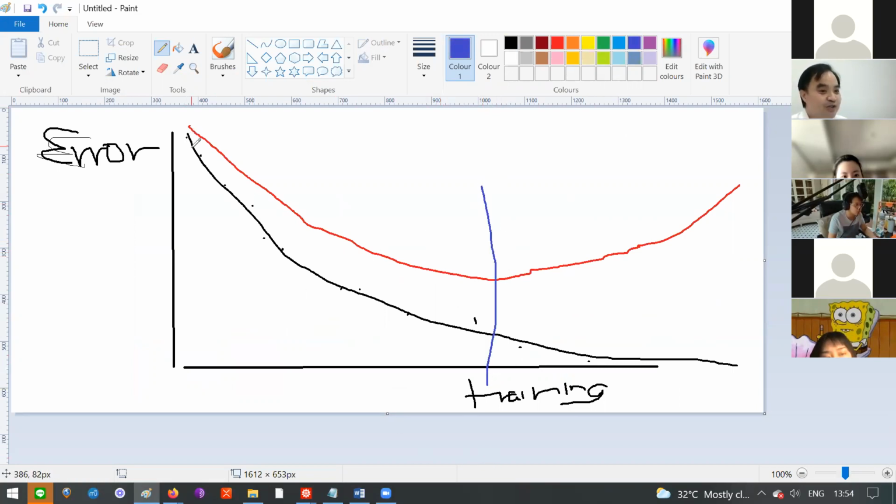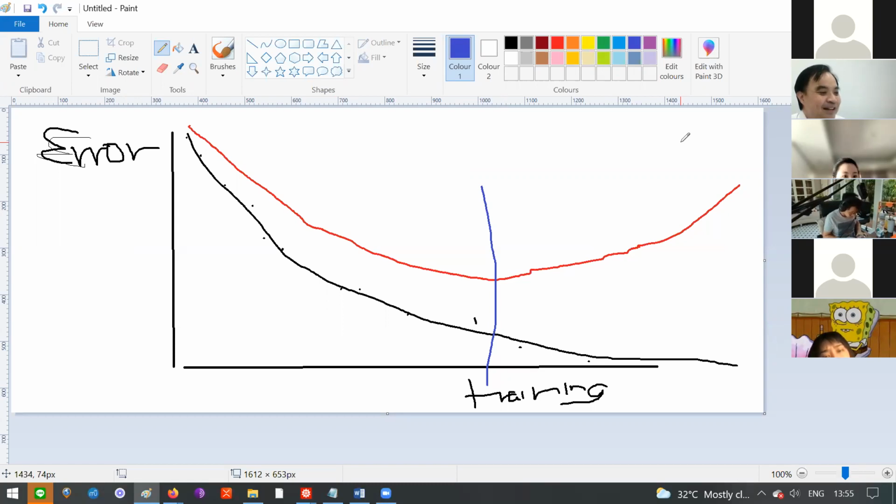So what you do is you train a neural network with respect to this training set, but you test it against this second set, right? And whenever this one starts to get worse, you stop. This is called early stopping. So you can do that. Why can't you do this in practice?